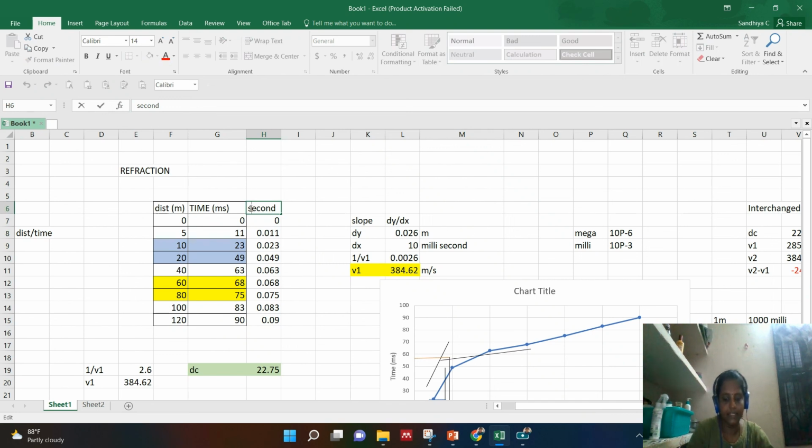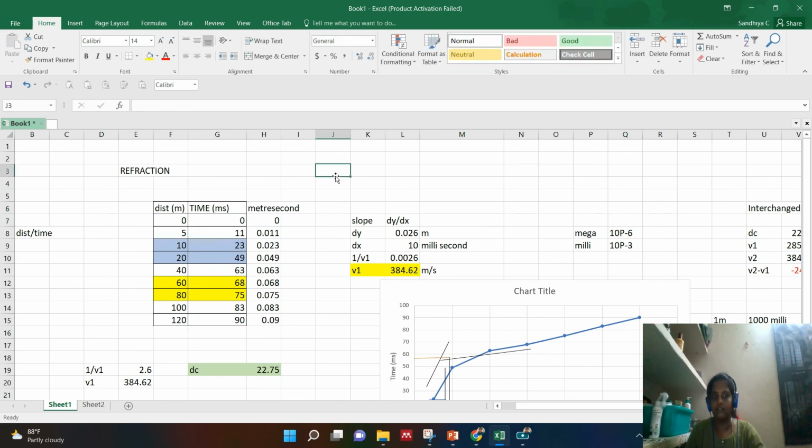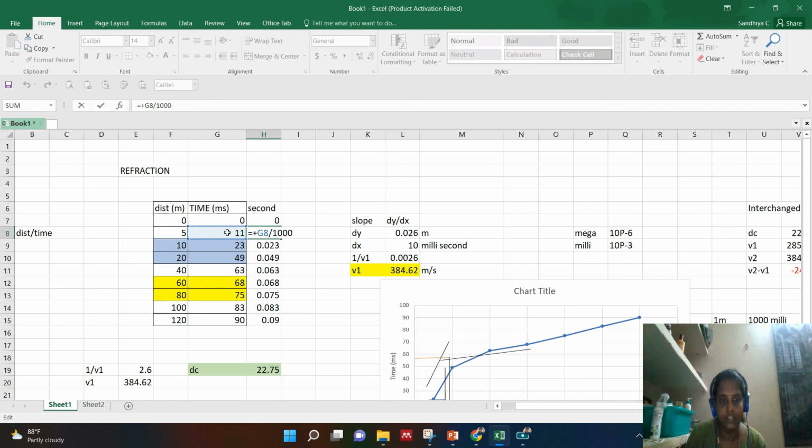You can keep it like meter second. I'm converting this into meter second. So distance by time. I'm just removing that milli value. That's what I want to tell. Milli is 10 power minus 3.